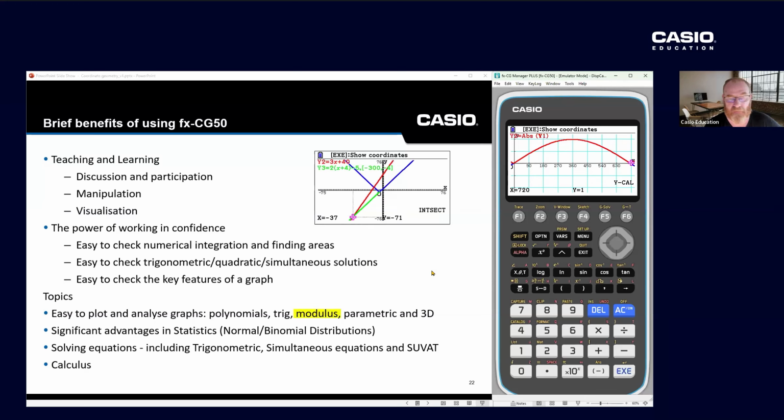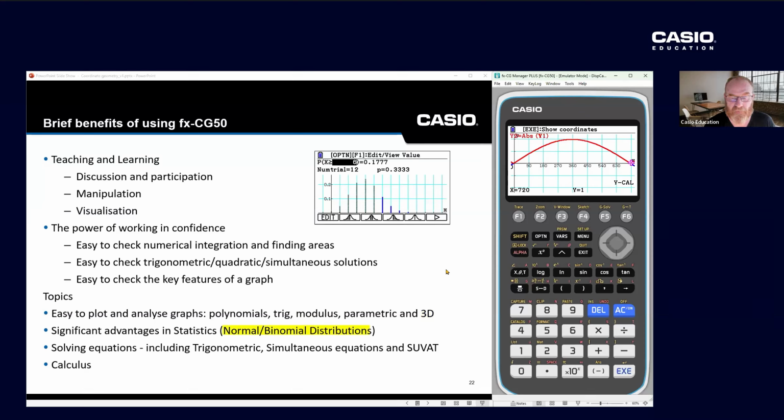I personally think this is really good for modulus. So students sometimes get lost in the algebra and find erroneous solutions. So graphing these can demonstrate why they are erroneous. Parametrically, you can sketch functions and perform some calculus operations on there or find equations of tangents. You've got 3D lines, so intersections and relationships can be found.